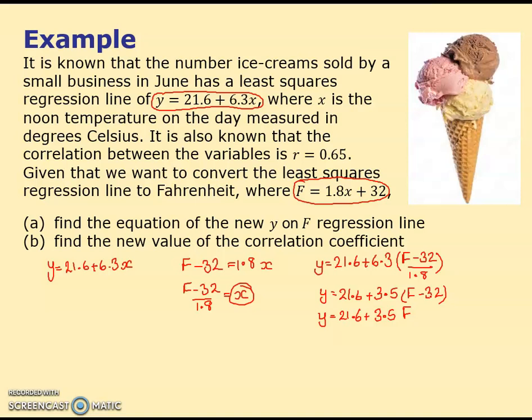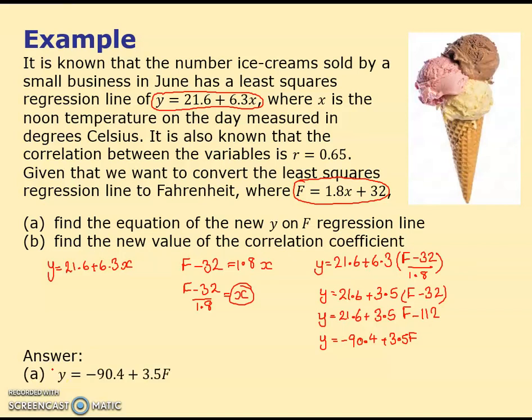I get 112, so that's minus 112. So y now is 21.6 minus 112, that's minus 90.4, plus 3.5F. So let's see if that's right. Yeah, minus 90.4 plus 3.5F.